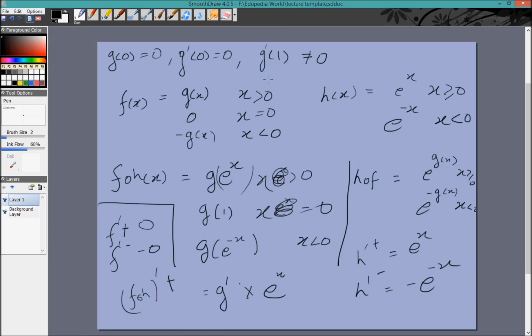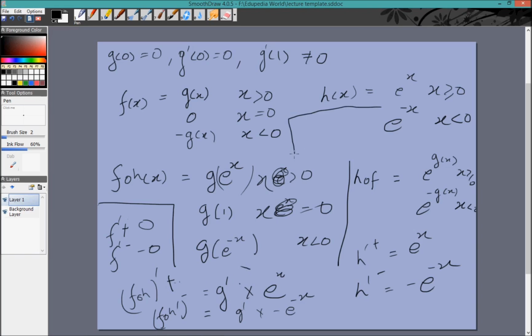Now we are specifically given g'(1) is not 0. If we try to calculate (f of h)' on the minus side, that means the derivative from the left hand side, again this will be g' into minus e to the power minus x. Now if g'(1) was 0, it would be differentiable, but g'(1) is explicitly given to be not 0, so this is the negative of this. That means f of h is not differentiable.